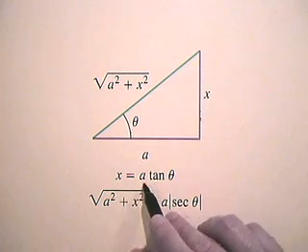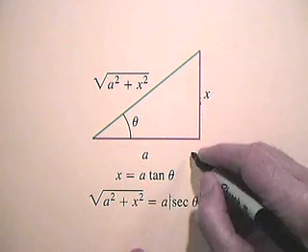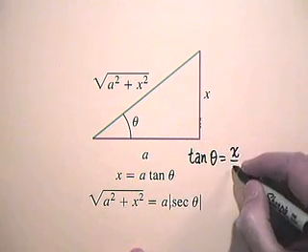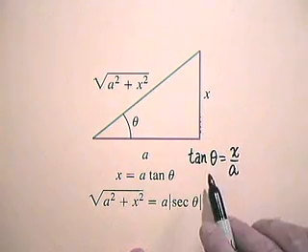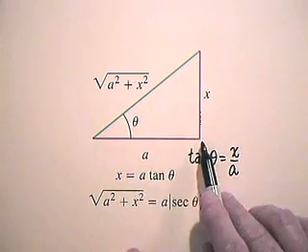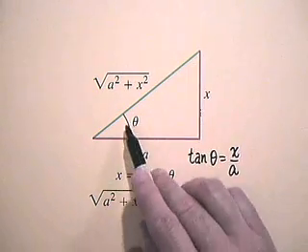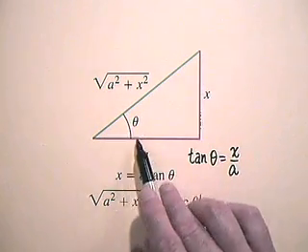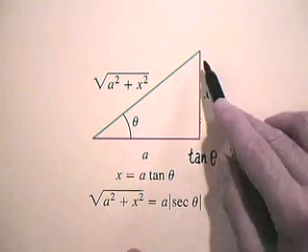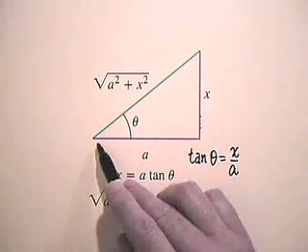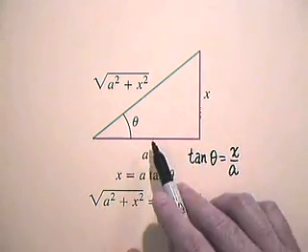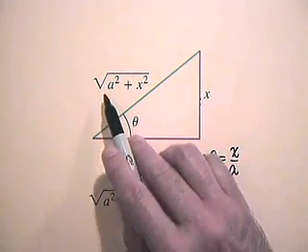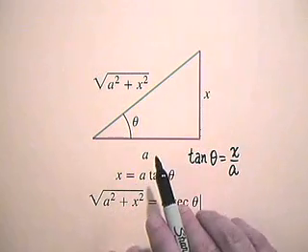After all, if x equals a tan theta, that's the same thing as saying the tangent of theta is simply x over a. If I make a triangle whose tangent is x over a, that is, the tangent of the main angle, theta in the picture, is x over a, so make the vertical side have length x, the horizontal side have length a, and then by the Pythagorean theorem, the hypotenuse must have length square root of a squared plus x squared.